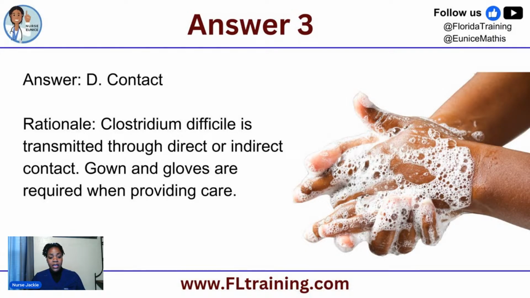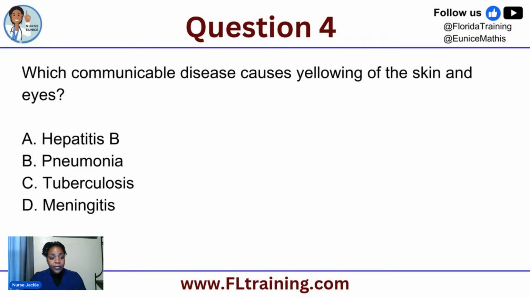With C. diff, it's a spore, and you cannot use hand sanitizer when you have a patient who has C. diff, because just like an M&M, it has that hard shell on there. You put the hand sanitizer on there, you're rubbing it through your hands, you're just coating that shell, just like you would on an M&M if you put another layer onto it. So you need to use that friction and be sure that you're washing your hands very well. And that's it.